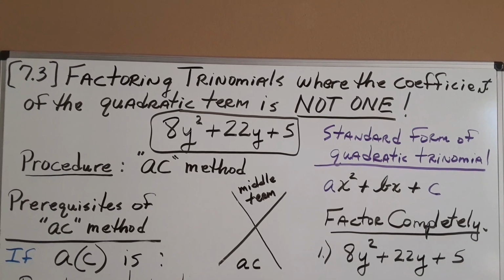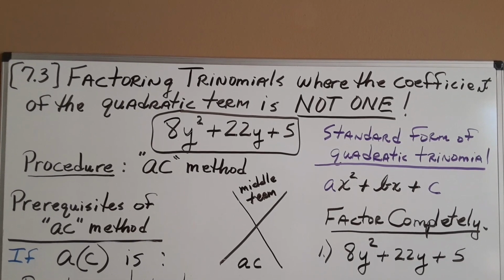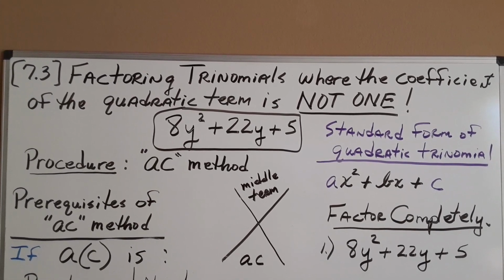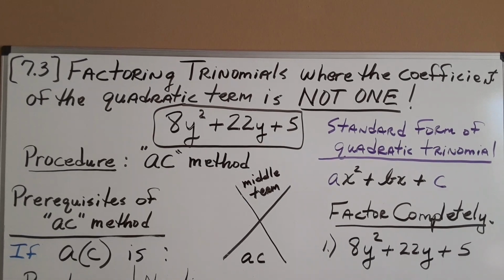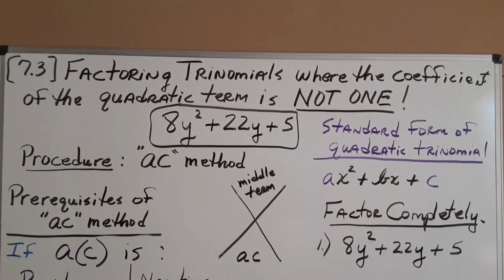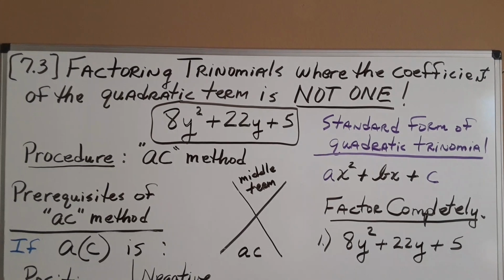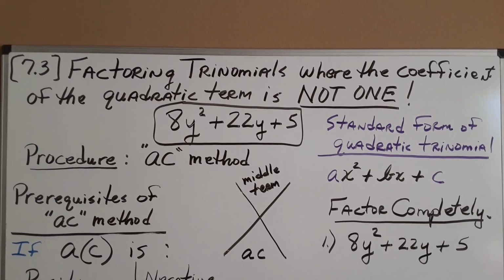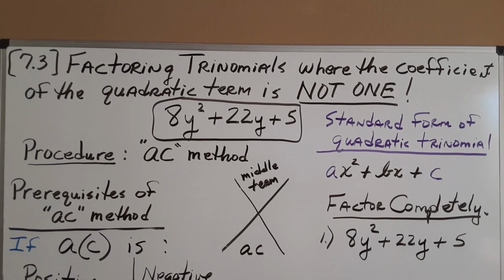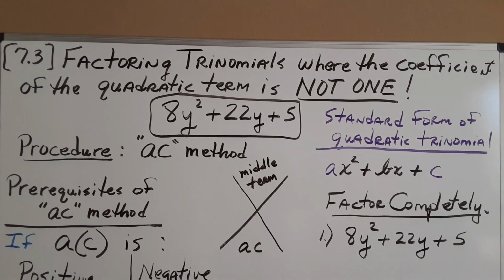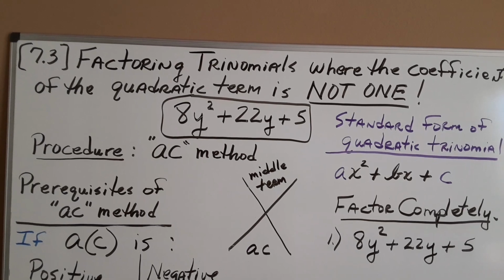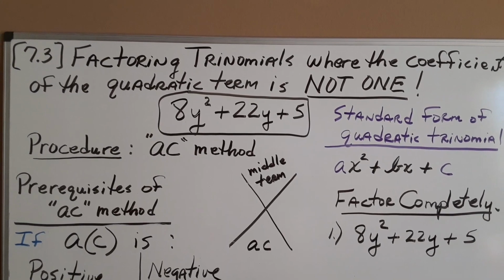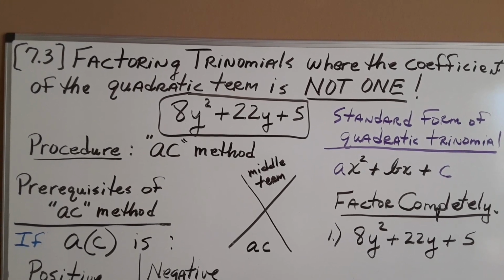Now, I want to mention this before we get into the process that's going to be shared. We're going to share a process of how we can take a trinomial of this type and factor it to its two binomial factors by using a sketch, a visual aid that will help us come up with the binomial factors. But I want to say this carefully. You do not have to follow the procedure that I'm going to be using.